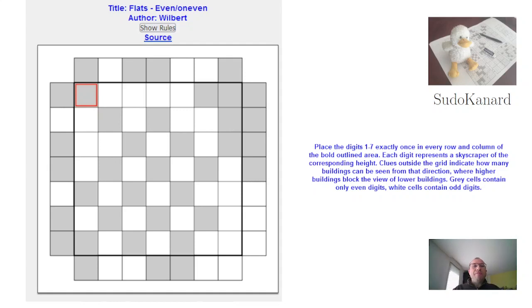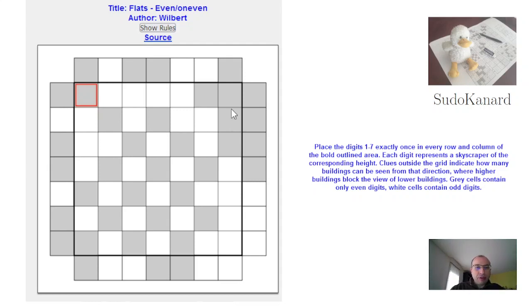But then I stumbled across this puzzle by Wilbert Zwart from the Netherlands. It's a skyscrapers puzzle. It's not a Sudoku puzzle, and it's a skyscraper puzzle with the variant odd even.